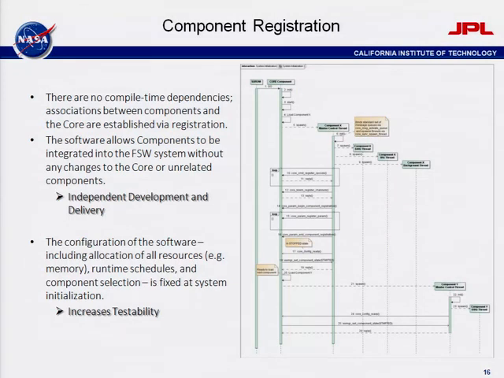This allows components to be integrated into the flight software system without any changes to the core or any changes to unrelated components. So these components truly are standalone, okay? And that's huge, right? Because this is going to increase our ability for independent development and delivery.